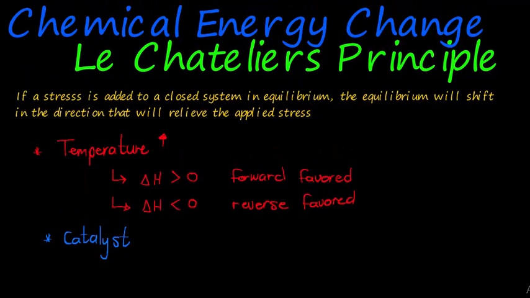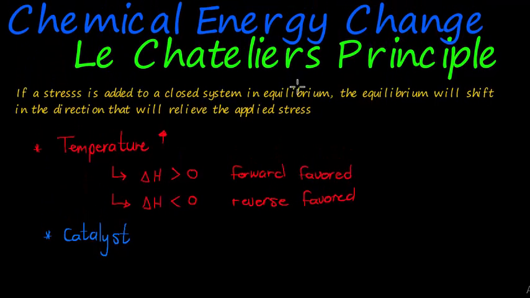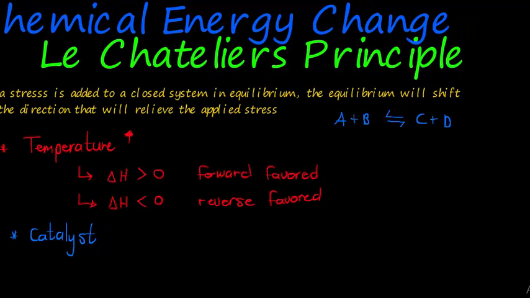Le Chatelier's principle is applied to a reversible reaction. A plus B is a reversible reaction to produce C plus D, and we want to see what can we do to either produce more products or more reactants, because we have a certain process.